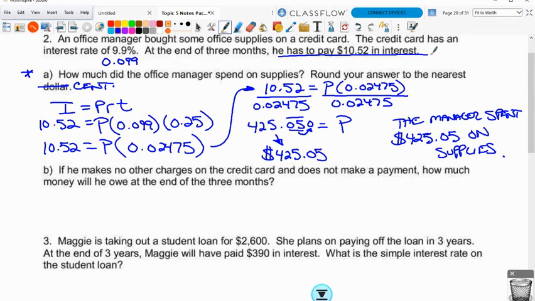Okay, so to get the total amount, you have to take the principal and add the interest. So the principal borrowed was $425.05, plus the interest was $10.52.